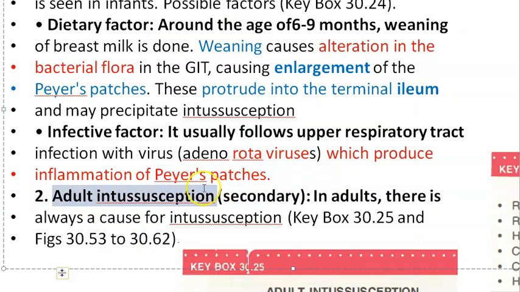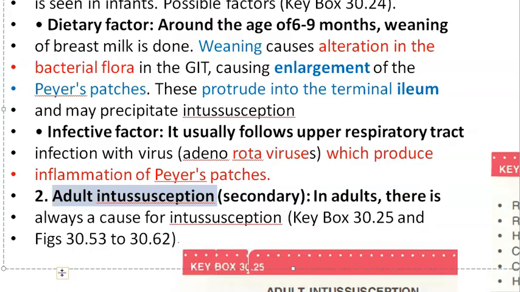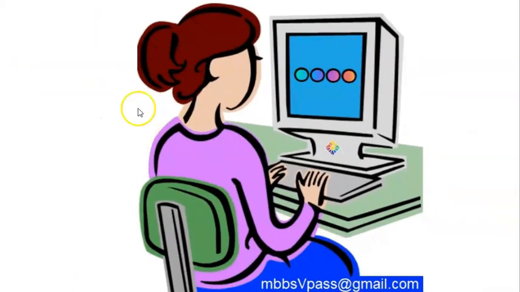Adult intussusception. Why can it happen in adults now? You understood in children it happens because of weaning and rota and so on. But in adults, can you and me get intussusception? There is always a cause for intussusception. That means it's not idiopathic. Let's look at why you and me as adults can get intussusception. What do you think?